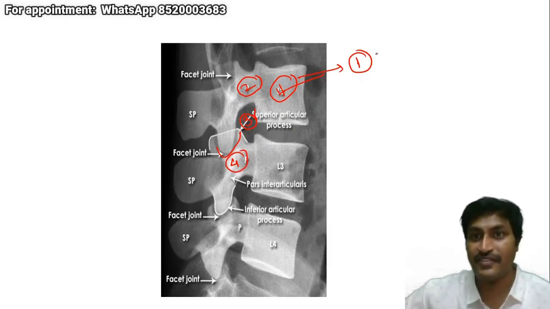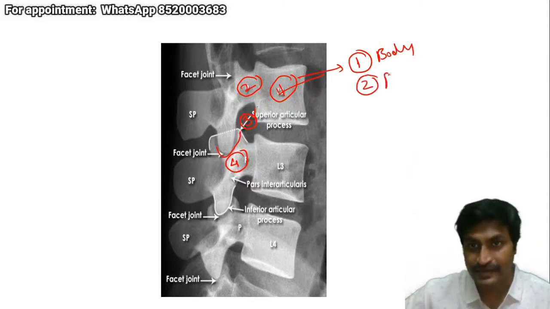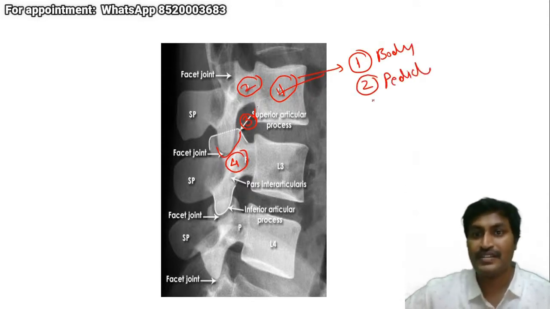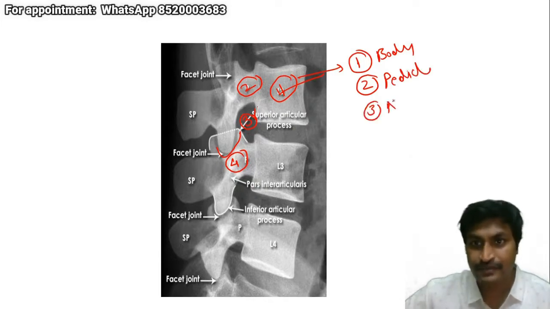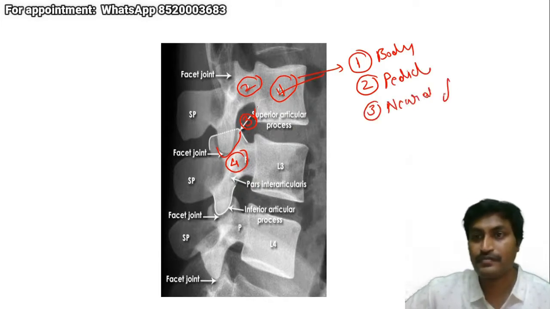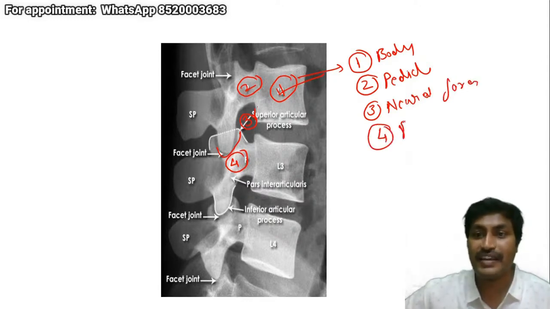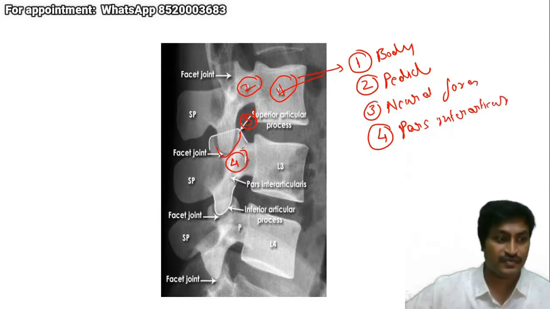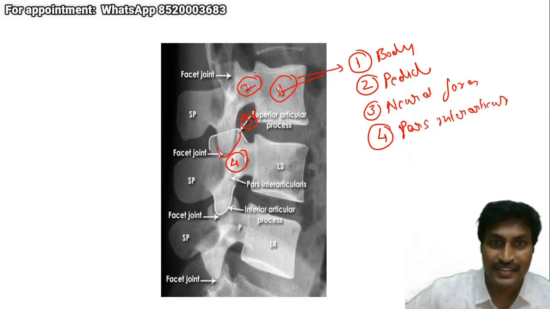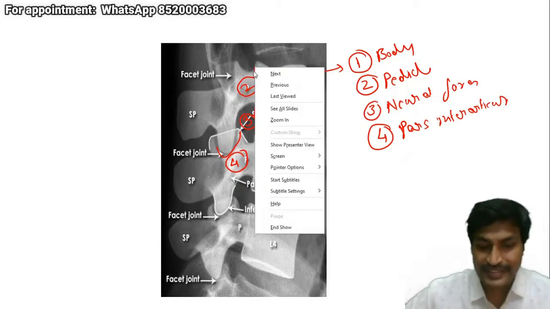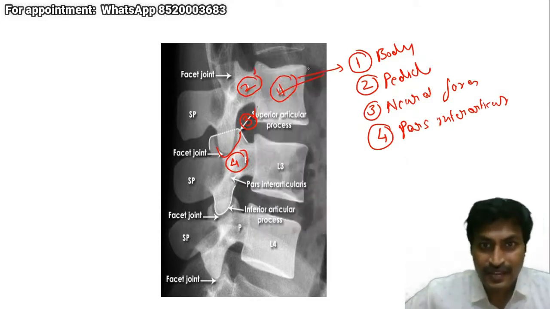So structure one is the vertebral body. Structure two is known as the pedicle. Structure three is the neural foramina. Structure four is the pars interarticularis. And coming to the two lines, what is line 5?